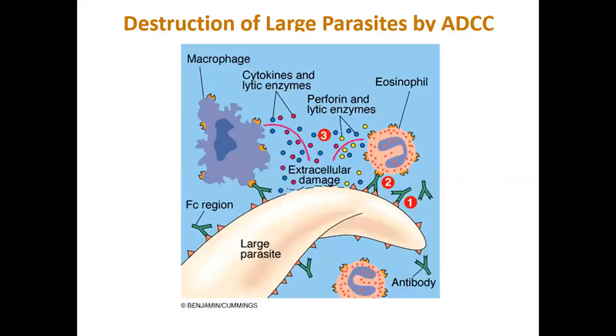In the destruction of larger parasites by this process, you can see that macrophages release cytokines and lytic enzymes, like lysosomal enzymes, also called hydrolytic enzymes. And eosinophils also attack these larger parasites, then antibodies are produced.